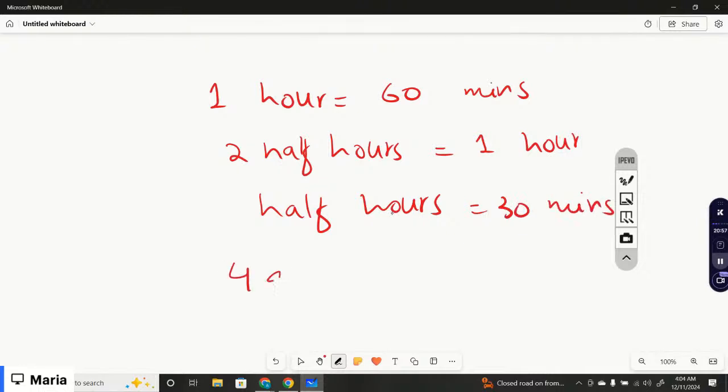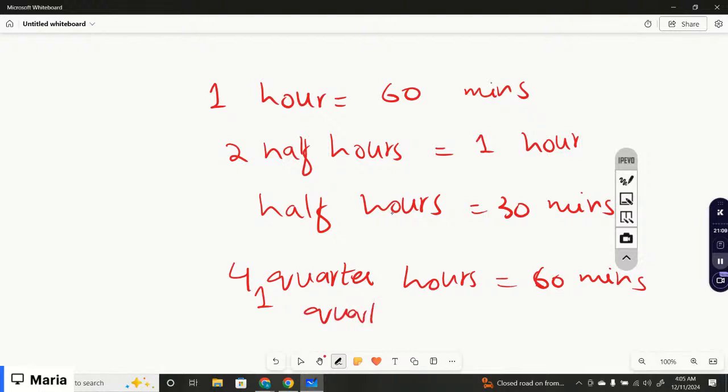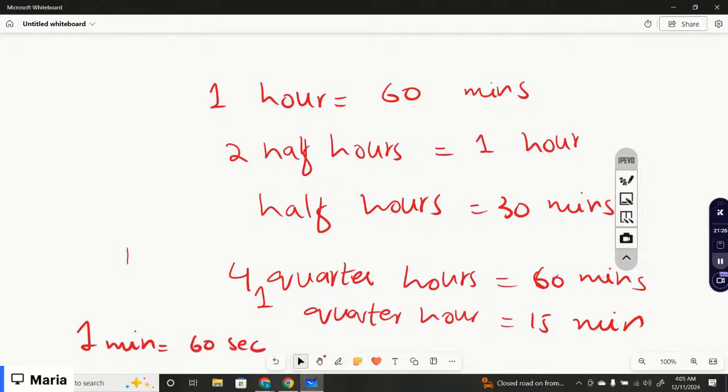And you have 4 quarter hours in 60 minutes because 1 quarter hour equal 15 minutes. 1 minute equals 60 seconds. So you can note them down.